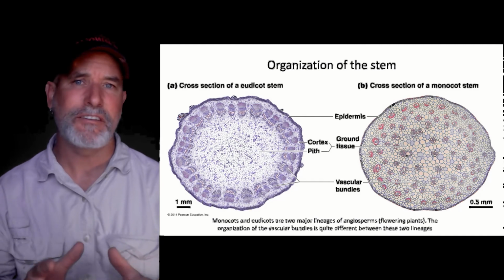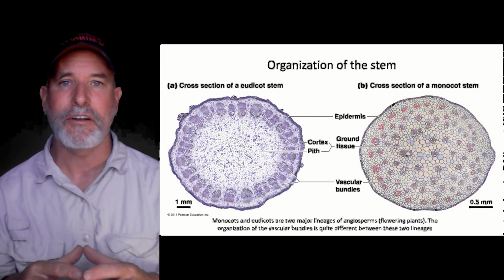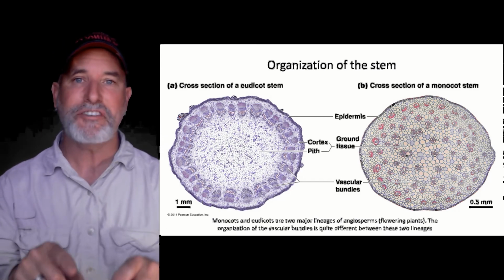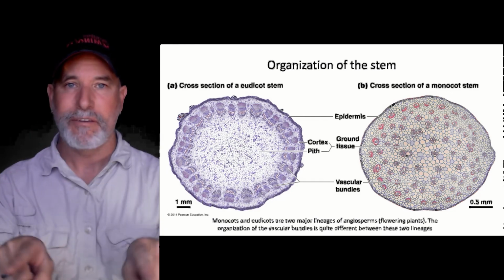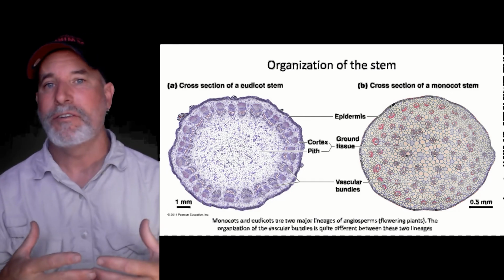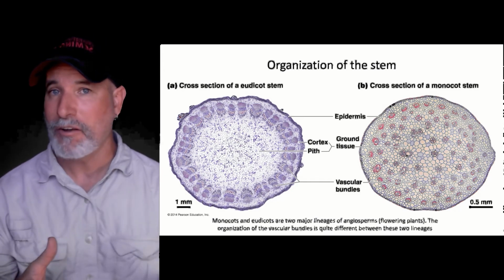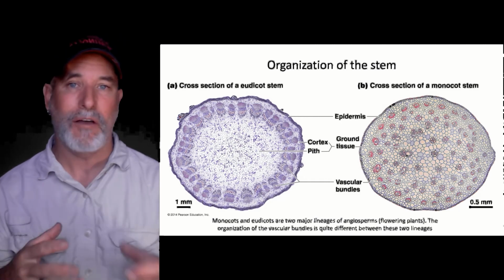Think grasses, lilies, irises, things that have parallel veins. You notice on the eudicot, the vascular bundles form a ring around the pith, around all that ground tissue. But when you get to a grass or a lily, something that's a monocot, you realize that the vascular bundles are scattered throughout the stem.